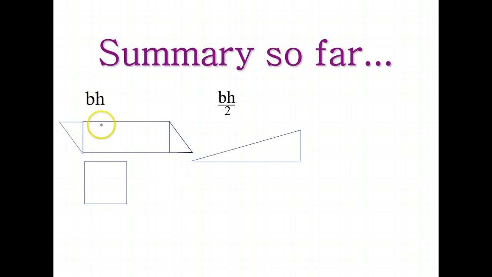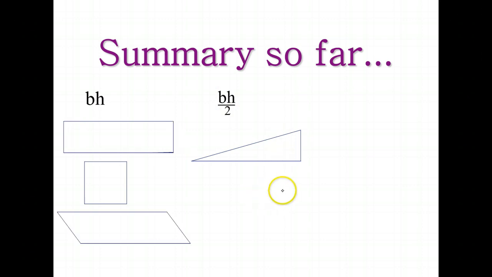So base times height is used for parallelograms and rectangles and squares. By the way, a square is a rectangle. And when we divide it by 2, we get the area of a triangle. Now, if we split it into a trapezoid, we get a new formula, which is base 1 plus base 2 times the height divided by 2.